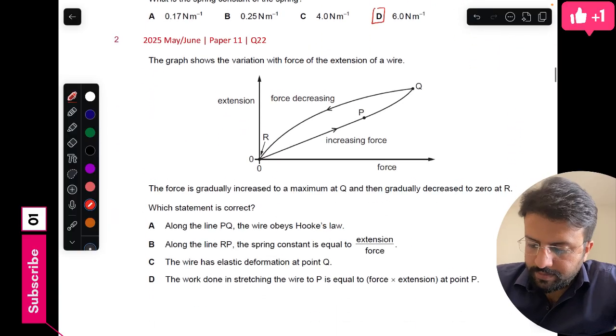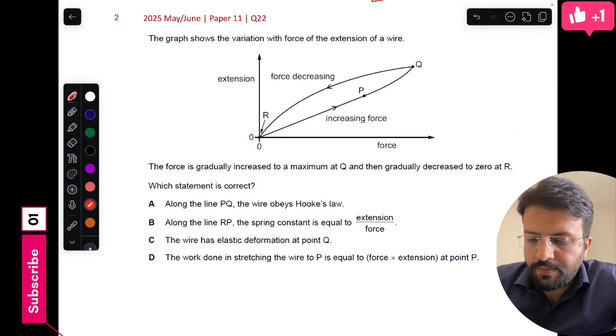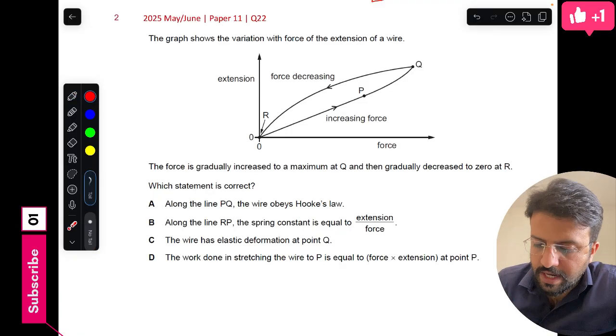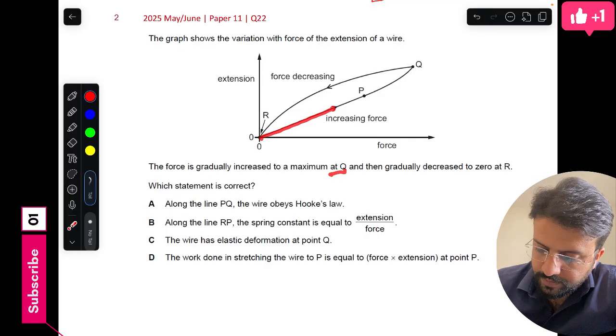In the next question, the graph shows the variation with the force of the extension of a wire. The force is gradually increased to a maximum at Q. So the force is increasing and reaching point Q, then gradually decreased to 0 at R. When the force is decreased, it is going back and reaches R. Which statement is correct?